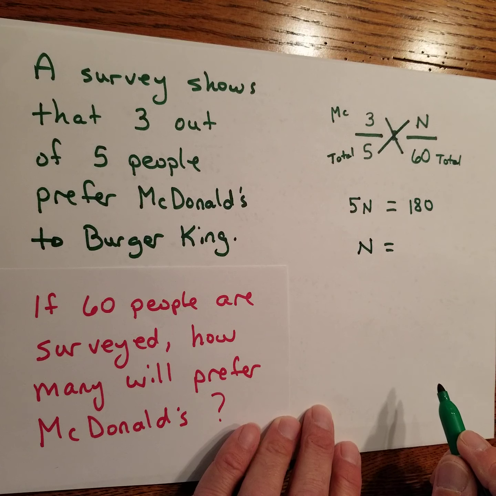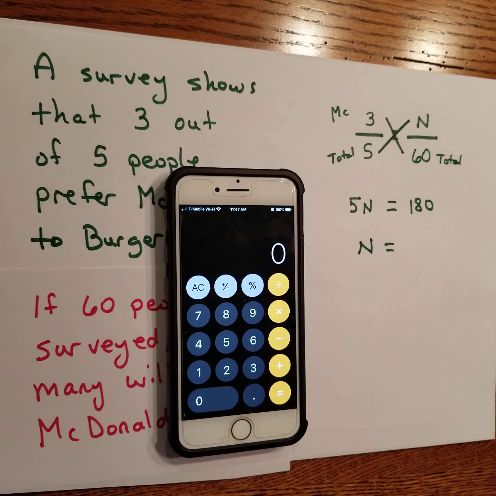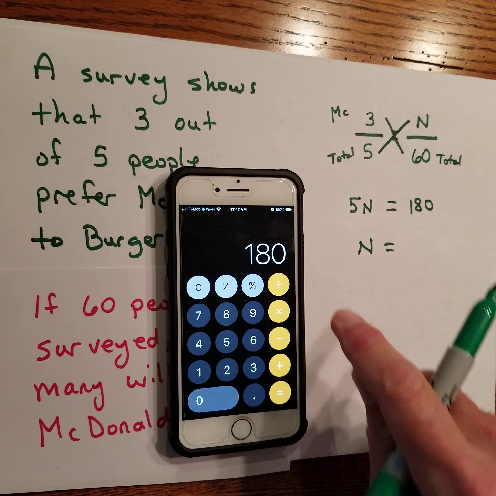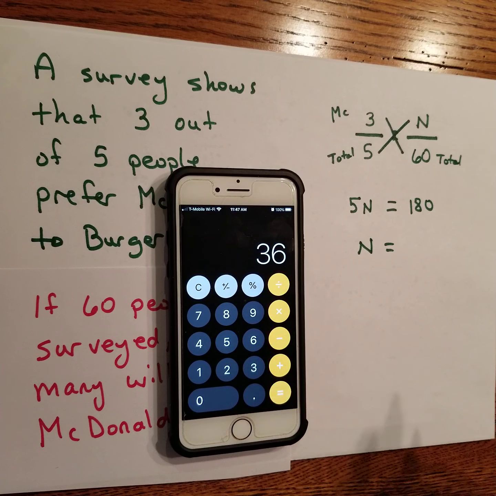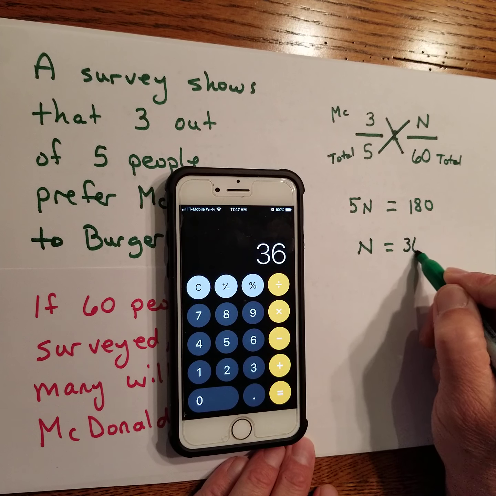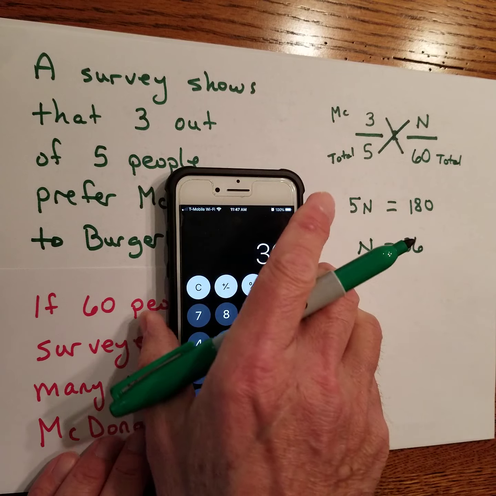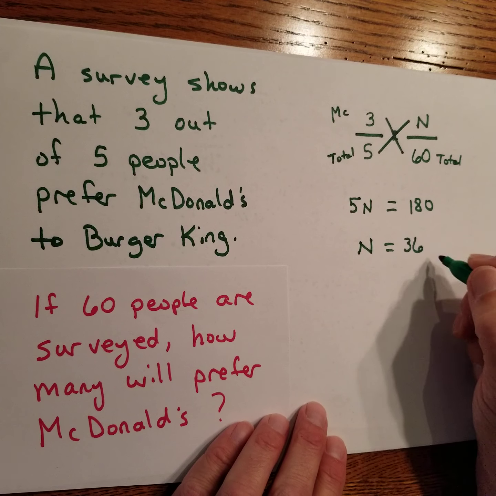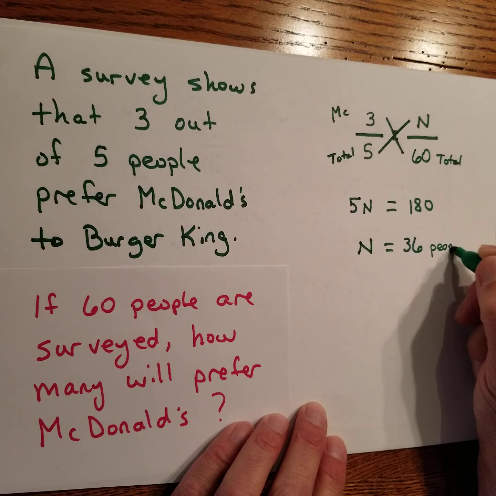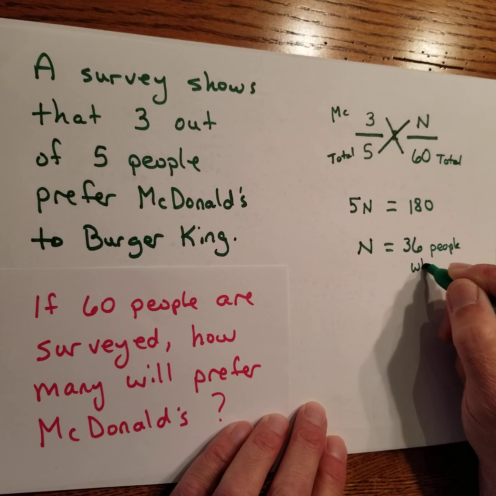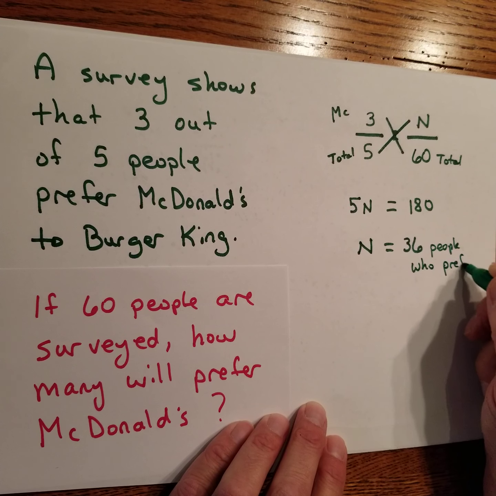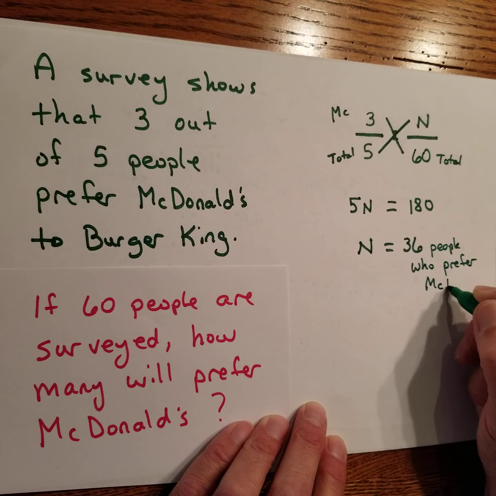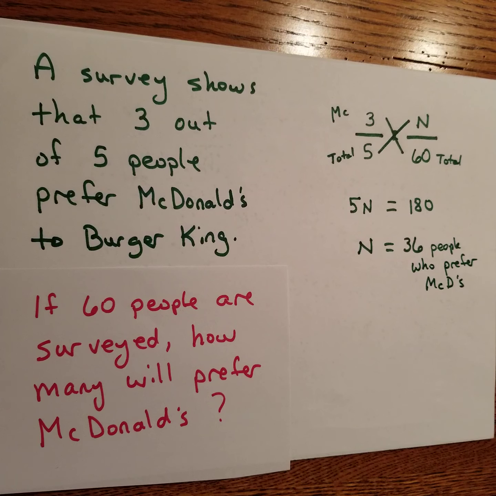And then divide. 180 divided by 5 is 36. Now label. 36 what? That's 36 people who prefer McDonald's.